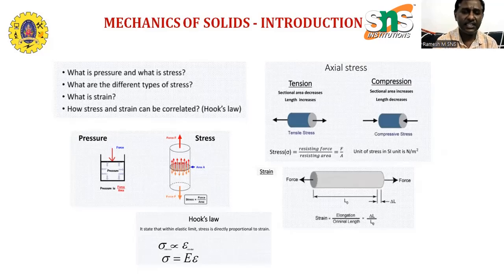The next topic is the three elastic constants. One is Young's modulus, which we have discussed so far. Another is the shear modulus, that is the modulus of rigidity, and the other is the bulk modulus.